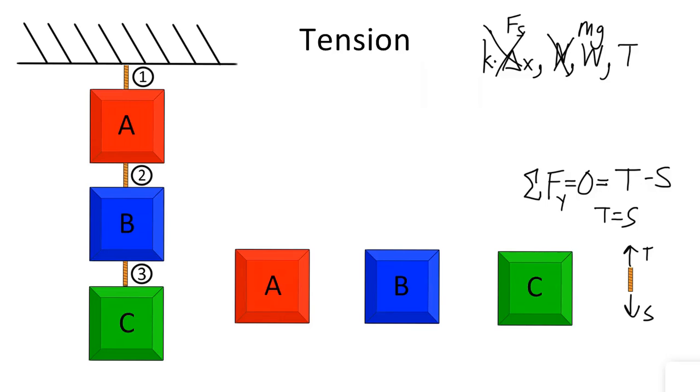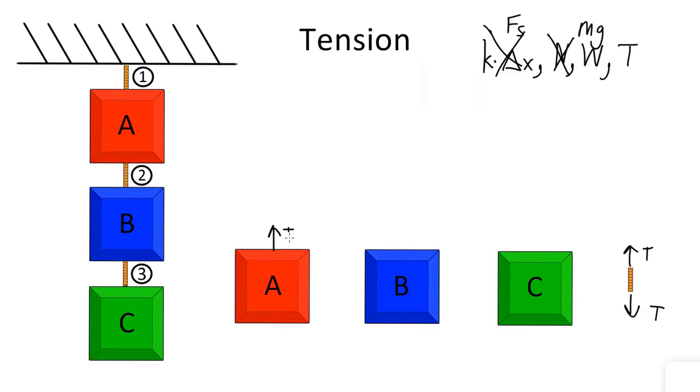So anyway, let's erase this right now, and I'll erase that so I can write a T also. So T is that way, T is that way. Now if we start doing the free body diagrams of A, B, and C, if we look at A, we're going to have T1 pointing up.